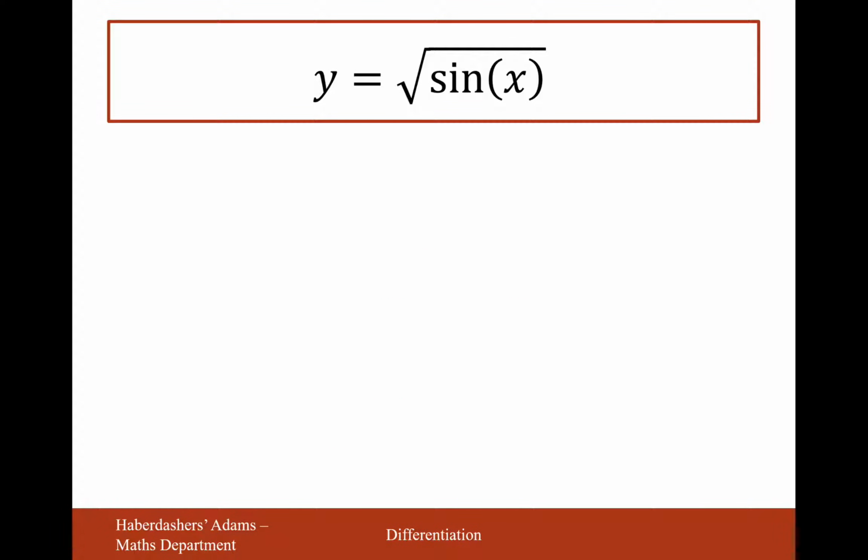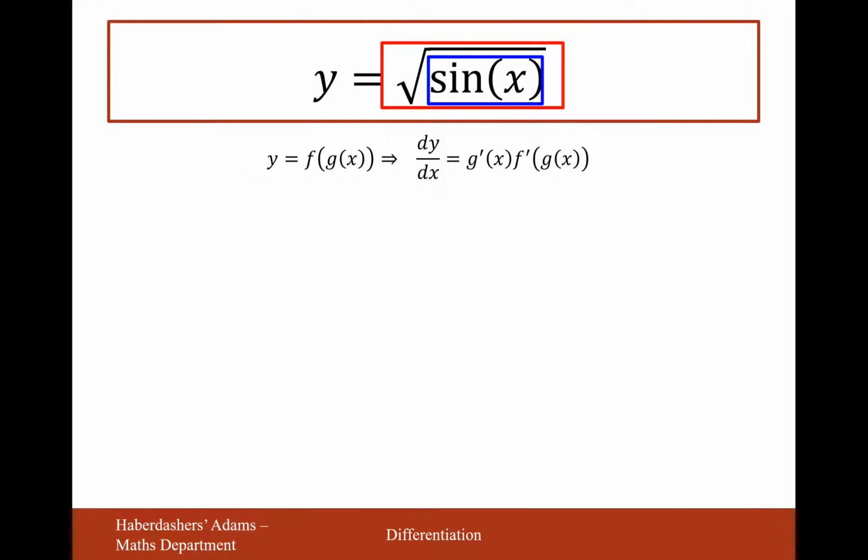Moving on to the next one, we have y equals the square root of sine x. So in this case, again, it's the chain rule. The inside function is sine x, the outside function is square root. So let's start differentiating. Differentiate the inside function first. Sine differentiates to cos. And the square root of x, well, if it's x to the power of a half, this will turn into a half x to the minus half.